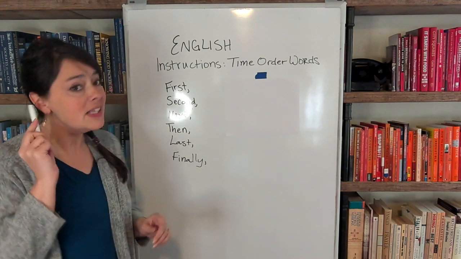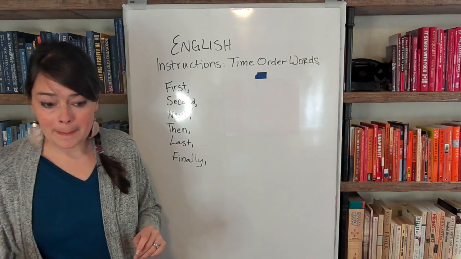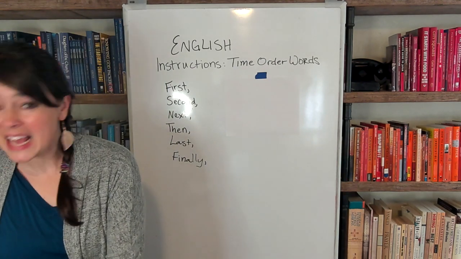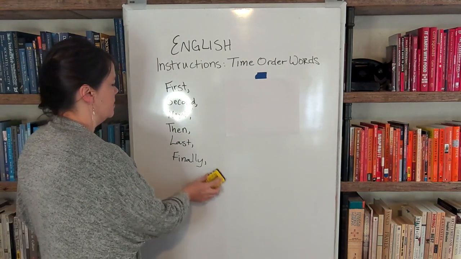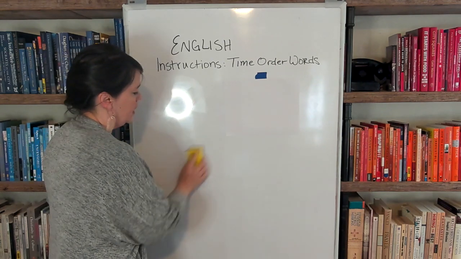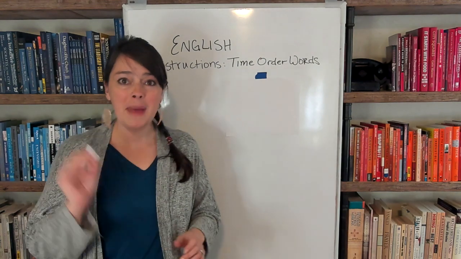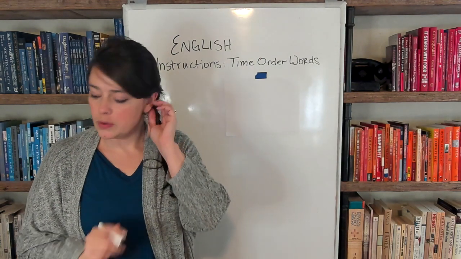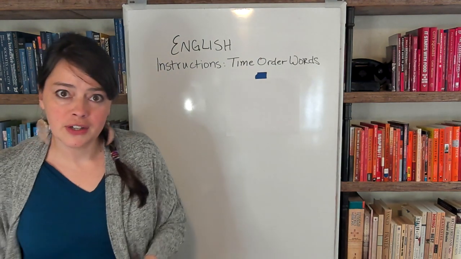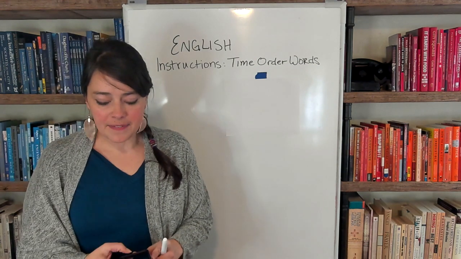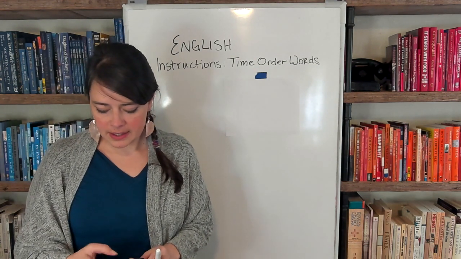And I want you to listen carefully to me now as I give you instructions, okay? I need you to take out a blank piece of paper and a pencil or a pen, and I want you to follow my instructions. And let's see if I can give you really good, clear instructions.